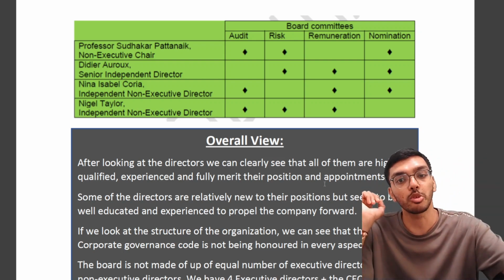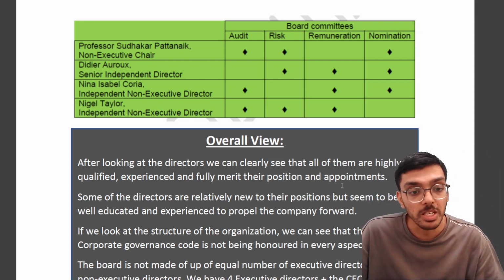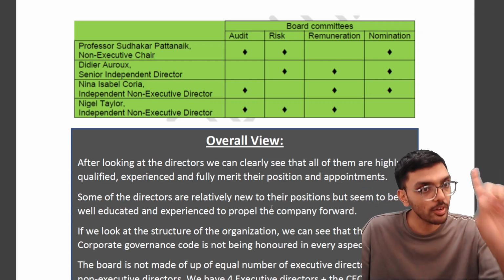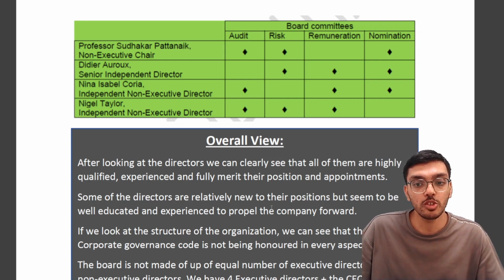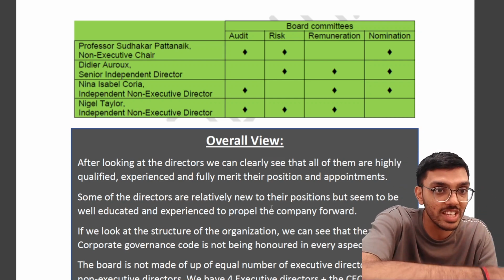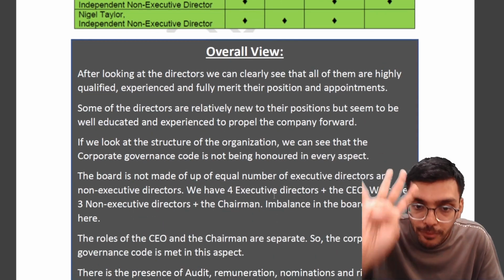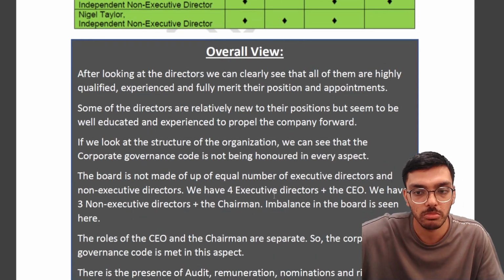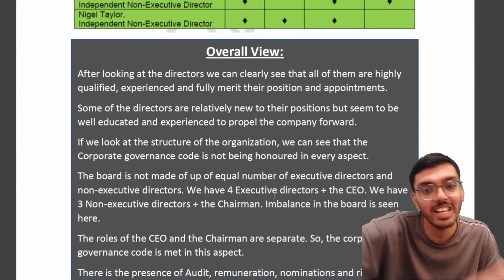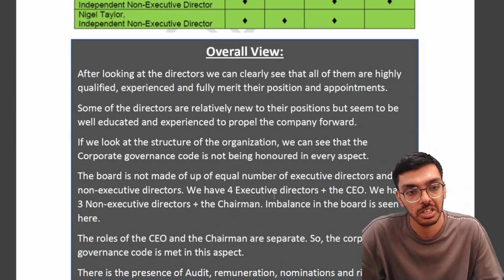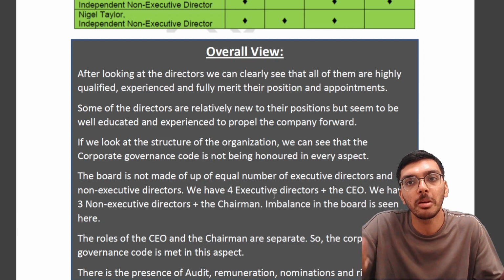Corporate governance from your P3 syllabus becomes important here. The first requirement for corporate governance is you should have an equal number of executive and non-executive directors. We have 4 executives plus CEO. We have 3 non-executives plus chairman. There is an imbalance in the board here.